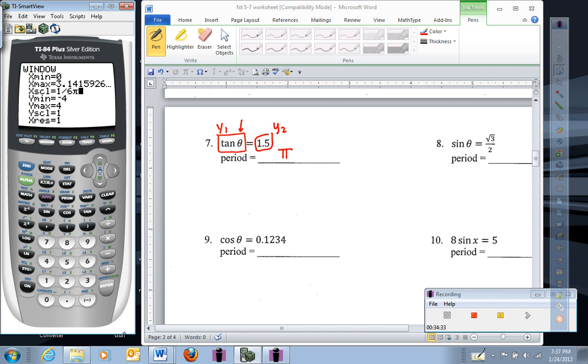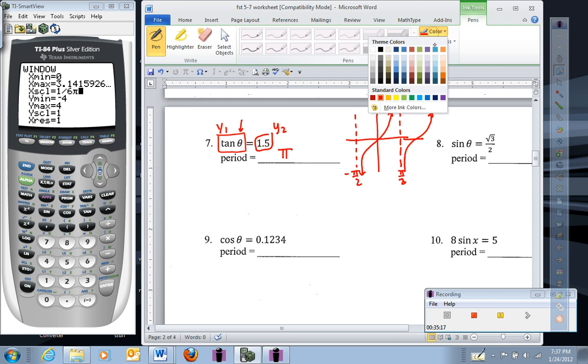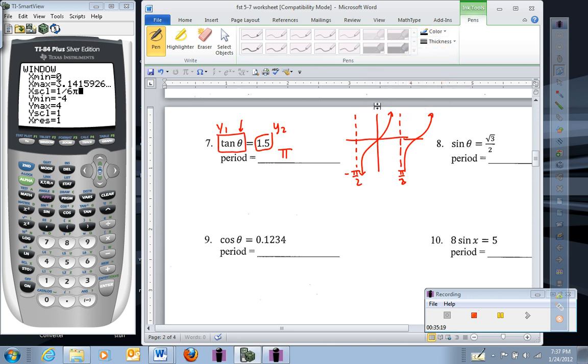1/6 pi. Okay, and as far as amplitude, now you know when we graph a tangent function, normally we would have the boundaries be the asymptotes here at -pi/2 and pi/2, right? And the graph would look like this, and then it jumps over that line and it goes like this. Well, what we're going to see, from 0 to pi over here, is this branch of this graph and this branch of the other graph going like this.